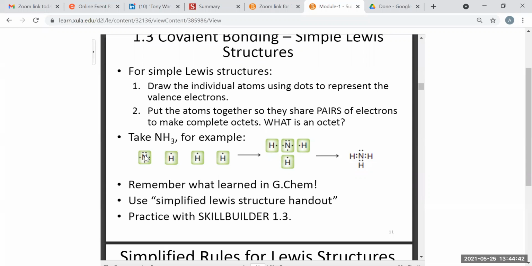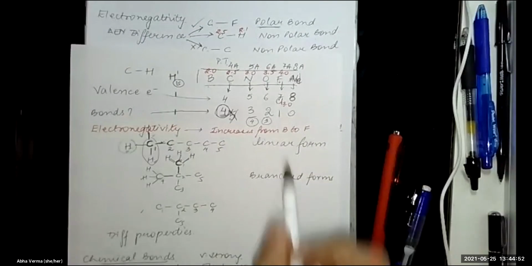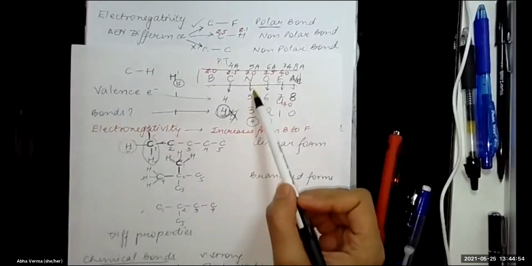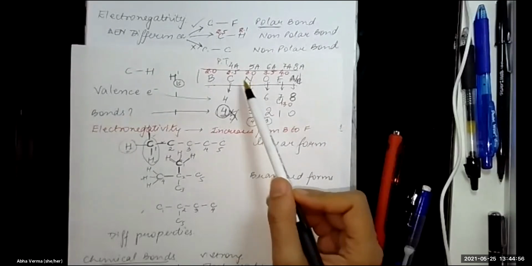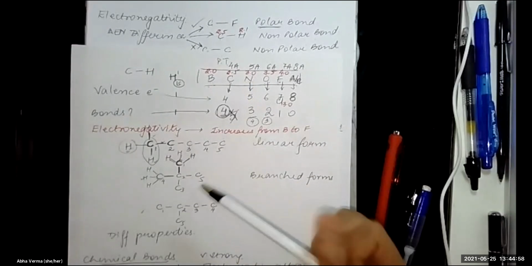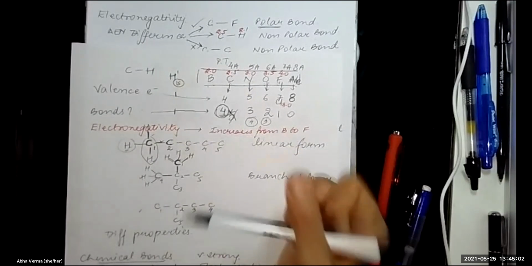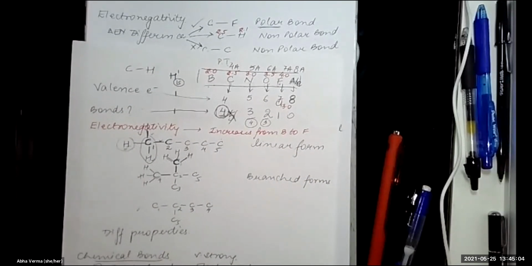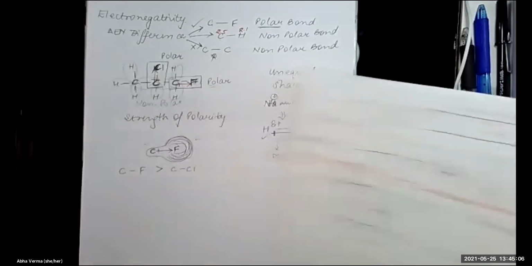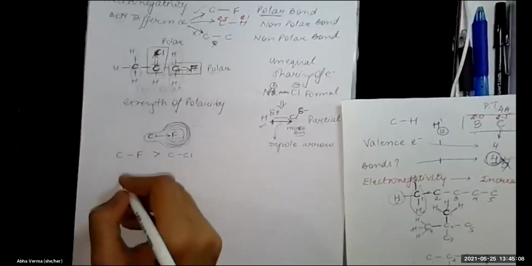How many valence electrons does a nitrogen have? 5. How many valence electrons does hydrogen have? 1. Very good.